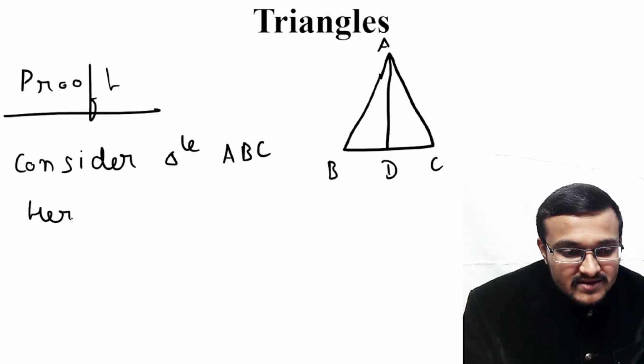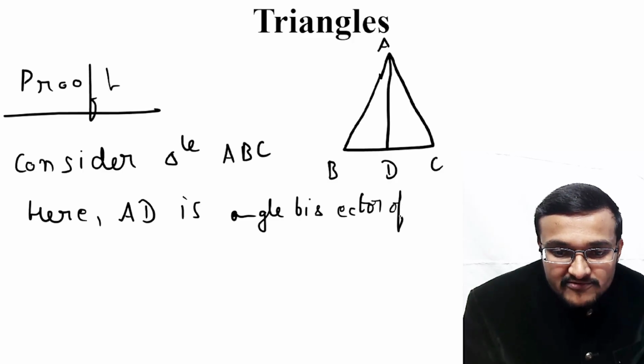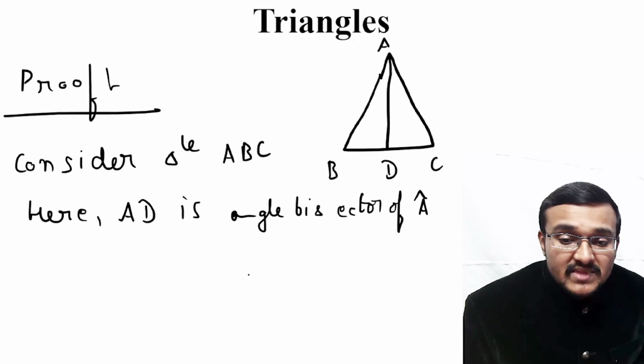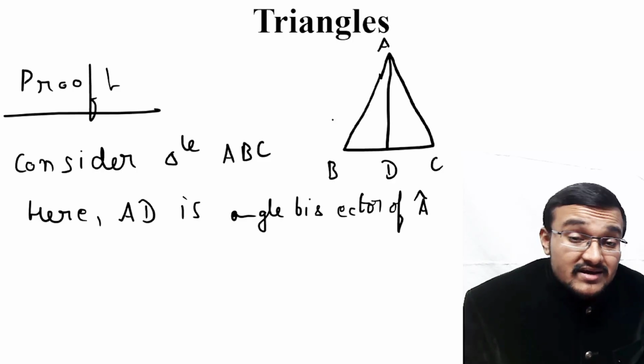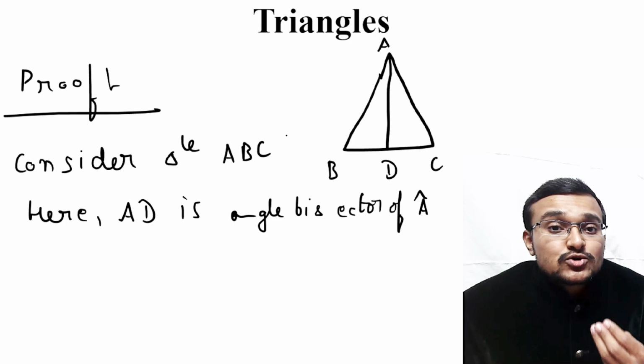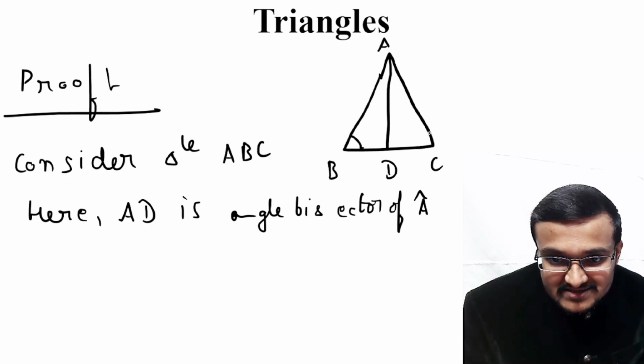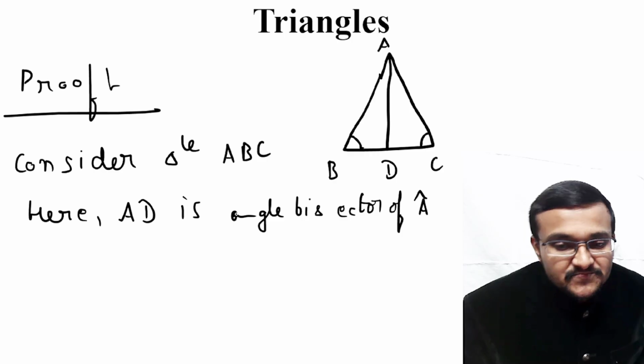Here AD is the angle bisector of angle A. Now in the theorem we have already stated that two angles are equal to each other. So that means this particular angle and this particular angle are equal to each other.